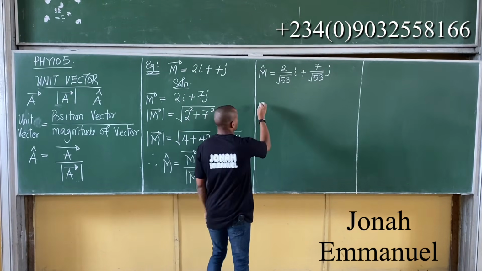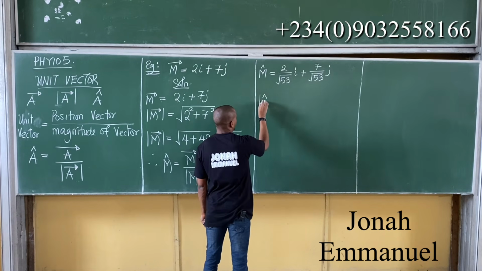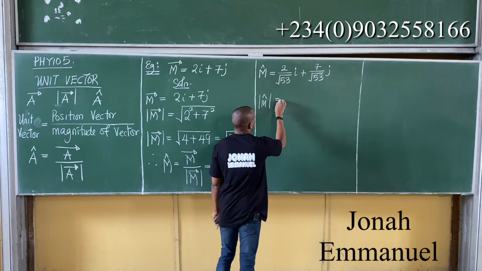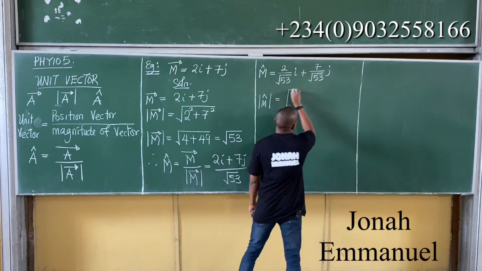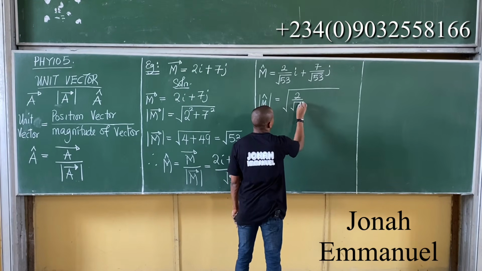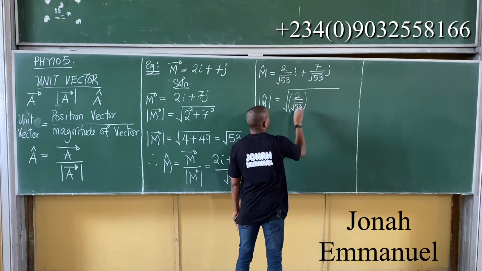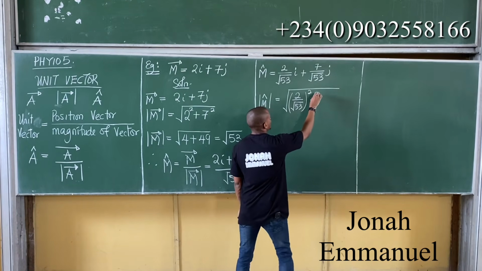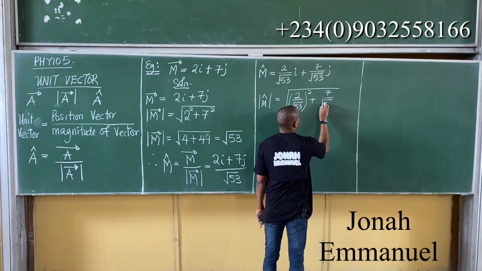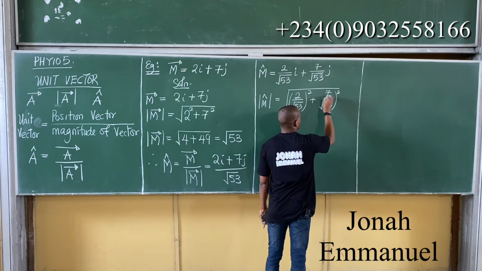If I take the modulus of this unit vector, it will be equal to the square root of 2 over root 53 all squared plus 7 all over root 53 all squared.